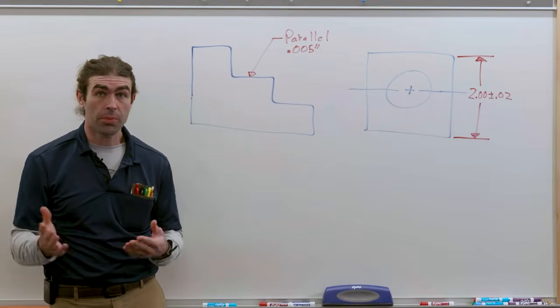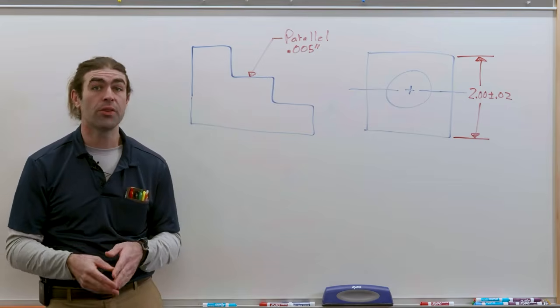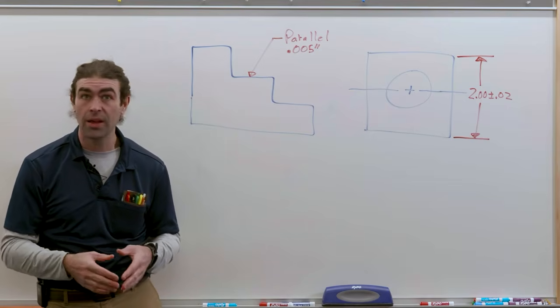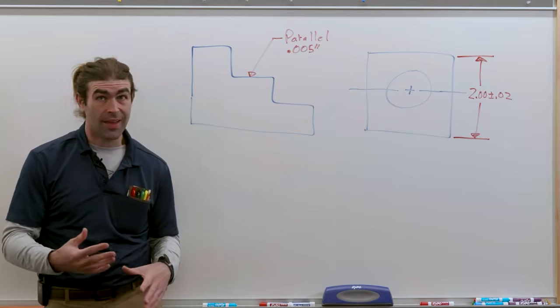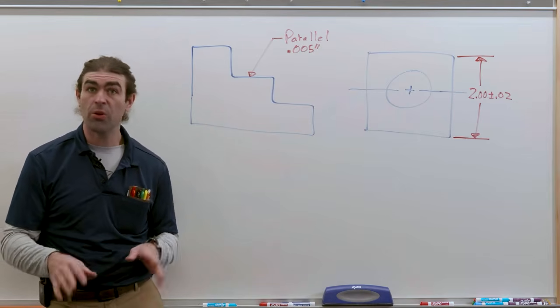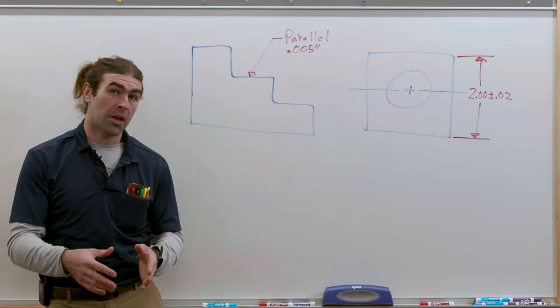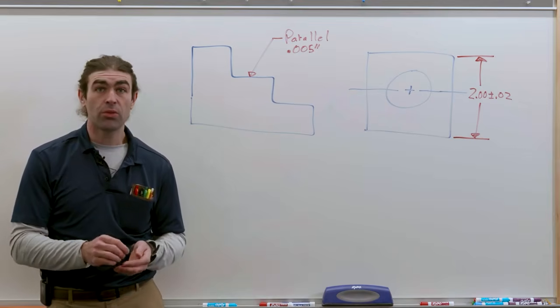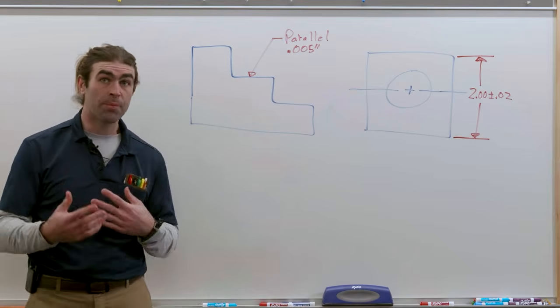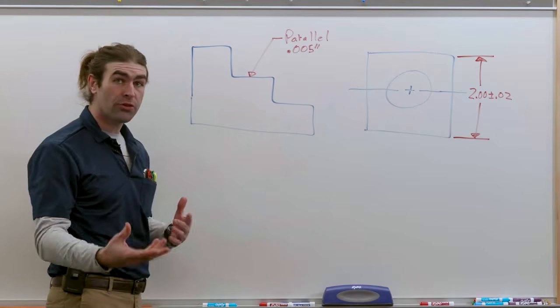We've got a stepped block with a leader directed note that indicates parallel to 5 thousandths. Now, this is definitely not allowed anymore, but if you look at drawings that are 50, 80 years old, you might see something like this. This is what's known as an implied datum. It's up to whoever is interpreting the drawing to decide what this surface is supposed to be parallel to.